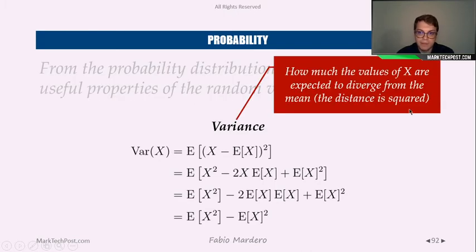This means that the variance represents how much the values of x are expected to diverge from the mean, and this sort of divergence is squared because the distance is squared.